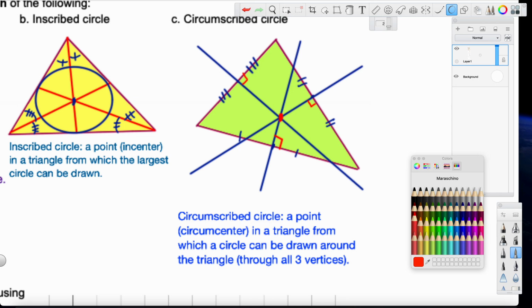Okay, so here's our circumcenter right here, and then from here we draw a circle, and that circle is going to go. Now I kind of faked this. This is going to be harder for me to do.